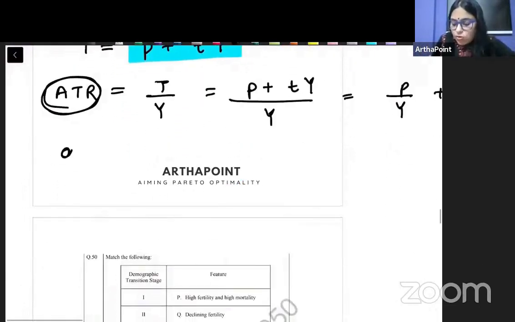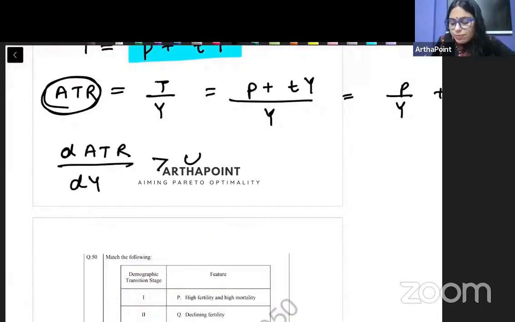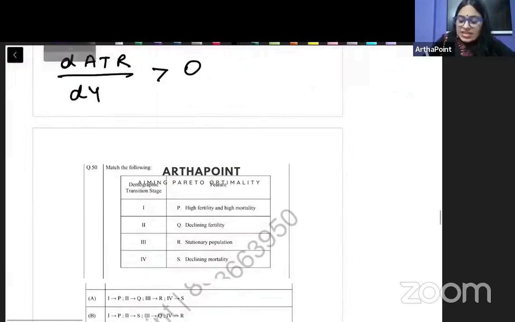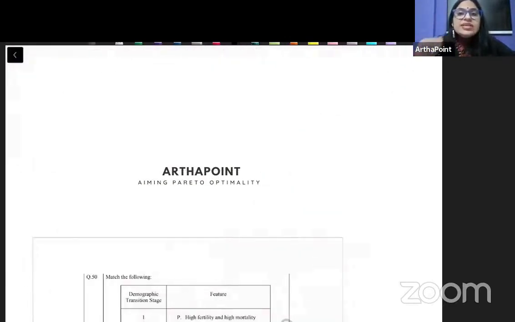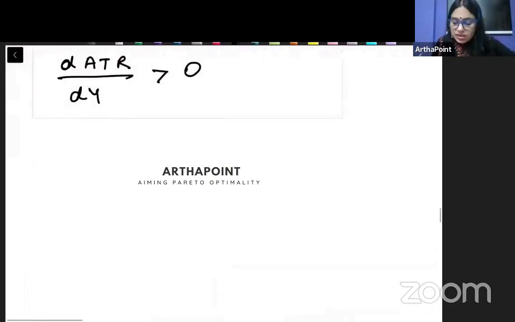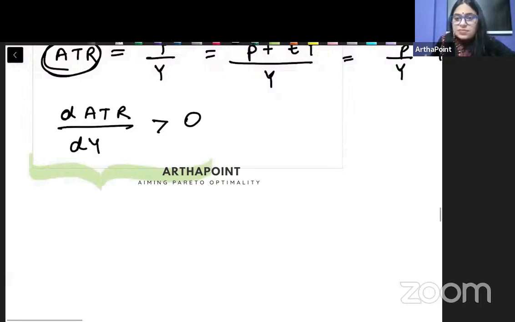Matlab, how average tax rate changes as income changes should be positive. As income increases, average tax rate should increase. Clear हो रही है बात ये? So this is positive. So as income increases, ATR should increase.